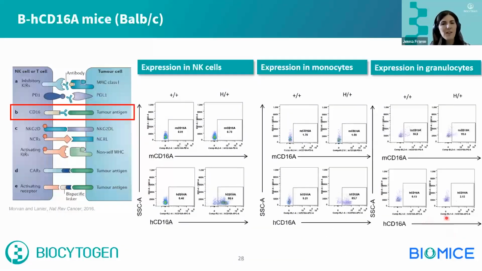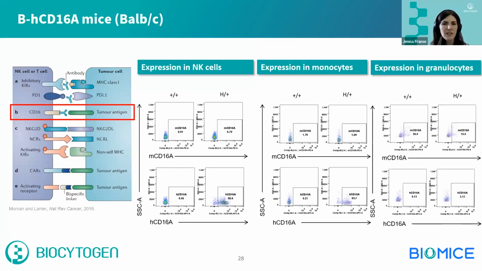The next key set of models to introduce for NK cell therapeutics is our humanized CD16A models for testing induction of ADCC potential through the engagement of CD16A, which is shown here. So typically when we humanize our models, we retain the murine regulatory elements.